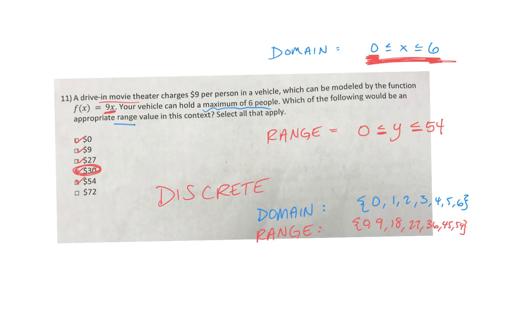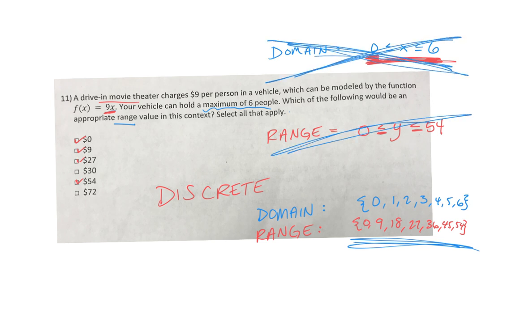I've got to get rid of $30 because there's no $30 in my range. There was a 0, a 9, a 27, and a 54, but there's no way that I'm going to pay $30. So that's the difference there between discrete and continuous. I need to cross this out. That was wrong, and that was wrong.